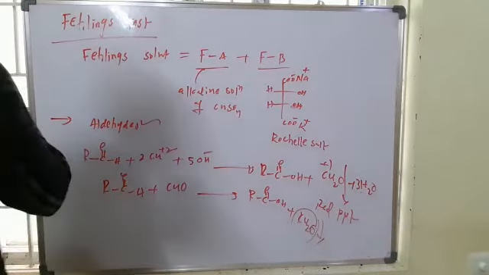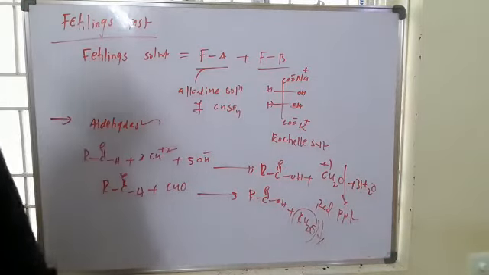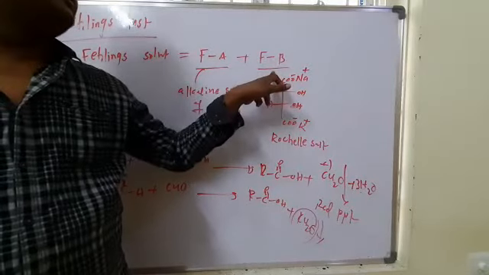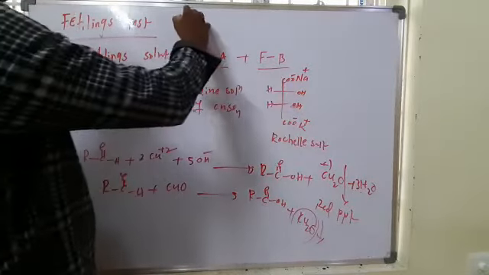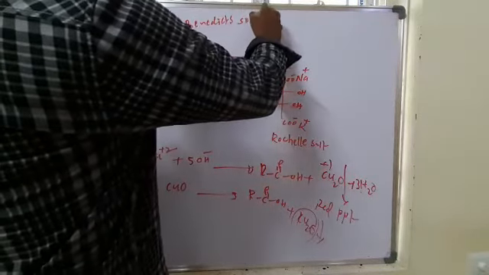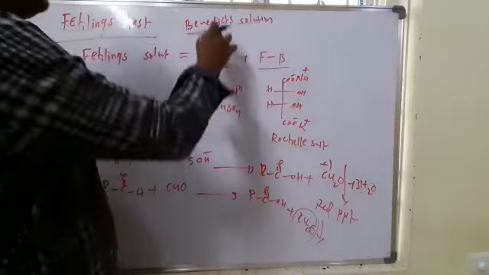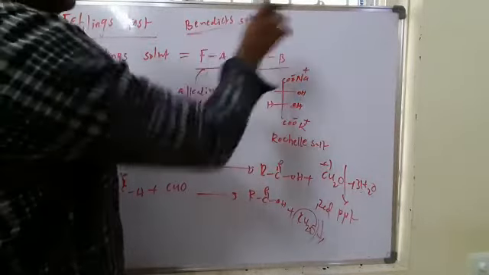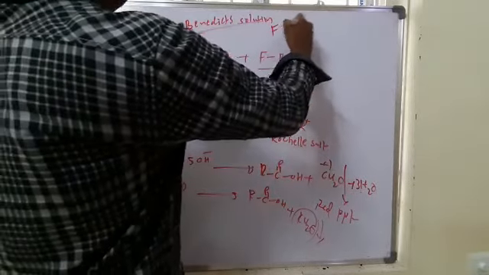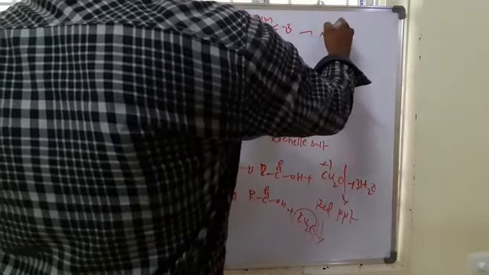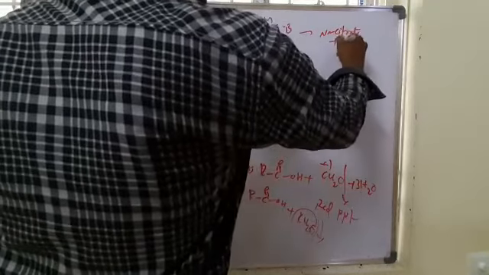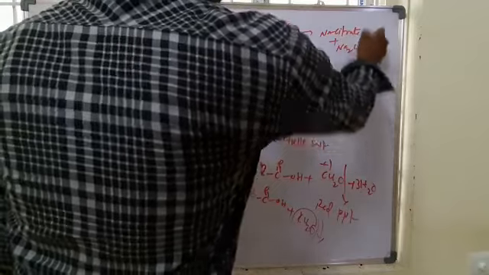And next, Benedict's solution, also the same type, but here instead of Fehling's solution B we are taking Benedict's solution. The Benedict's test means it is also a mixture of solution A and solution B. But in this case, solution B is sodium citrate and sodium carbonate solution.